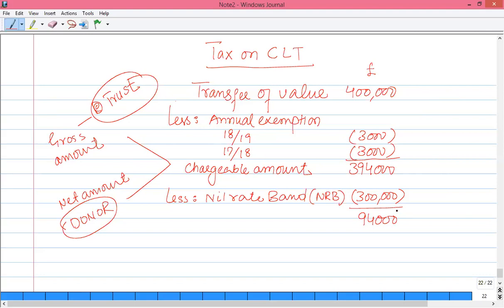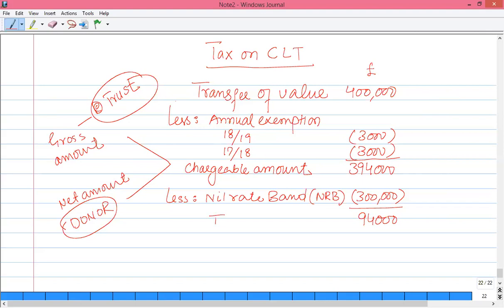So it means that if the chargeable amount or the gross chargeable amount is greater than nil rate band, then excess amount is taxable. And who has to pay tax? Either donor has to pay tax or the trust has to pay tax on this amount. Now let's see how much tax rate is there and how we can calculate tax liability.